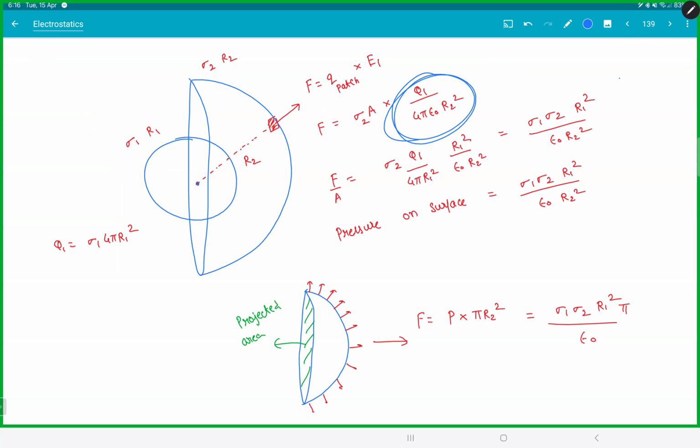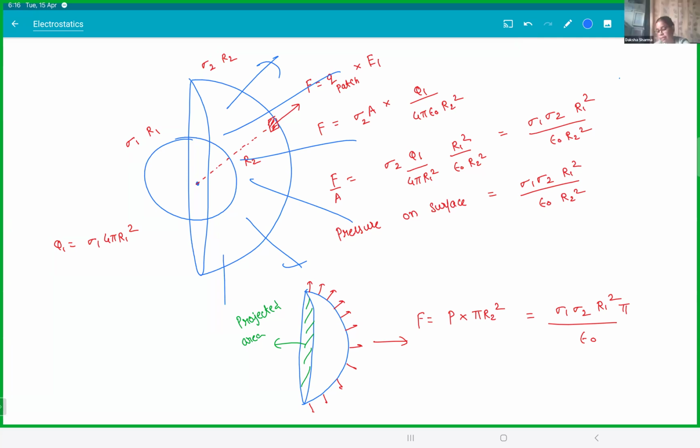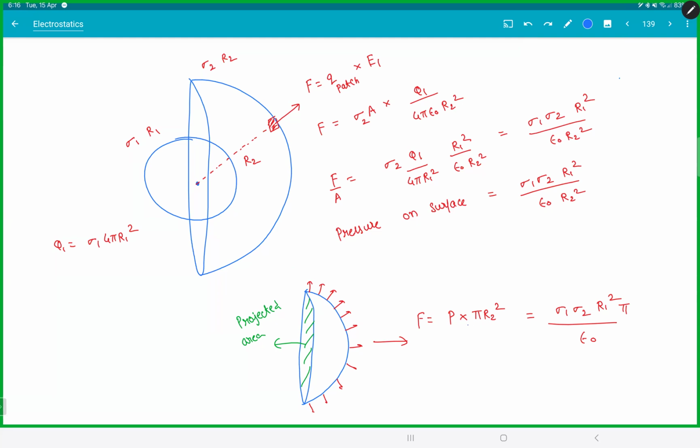You took the total charge into field. Yes, sir. You can't do that, right? You're saying this force and this force, you will add them directly. Look, the force is like this everywhere. How are you adding all these forces without taking components? Yes, sir, that was a mistake. That is why the answer comes double. Yes, sir, I got twice. Because you have a projected area pi r2 square, you must have taken 2 pi r2 square for that area. Because you have to take components, it won't work.